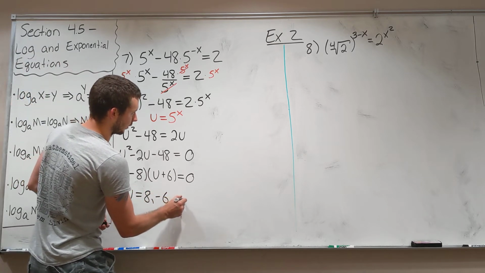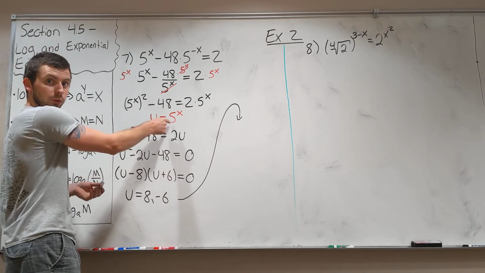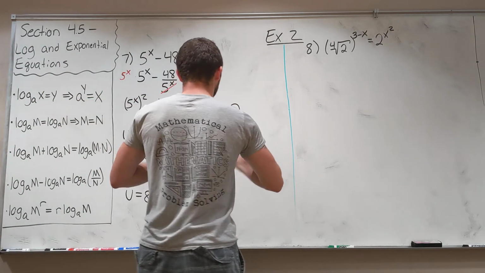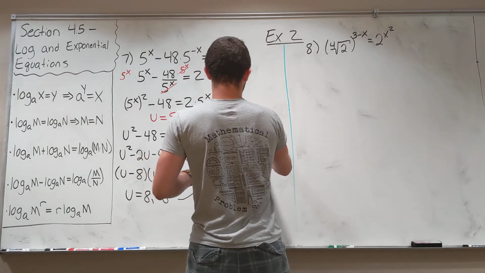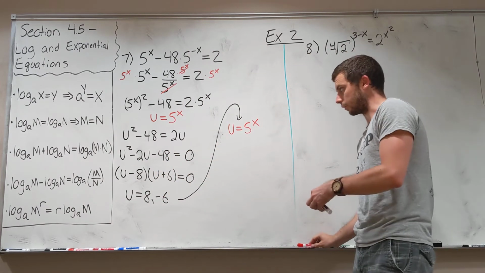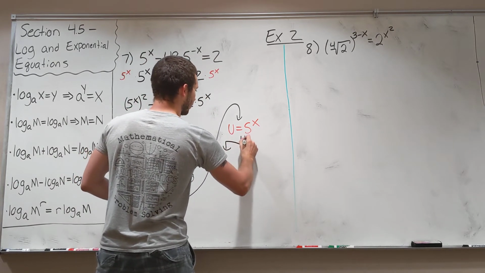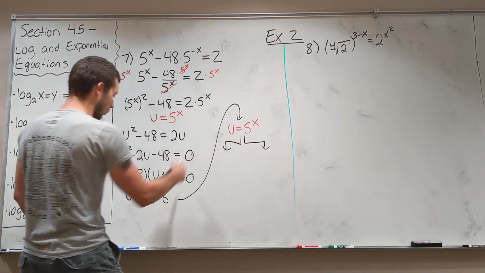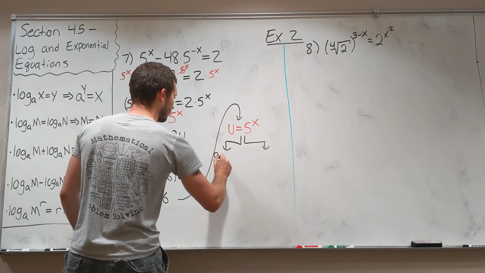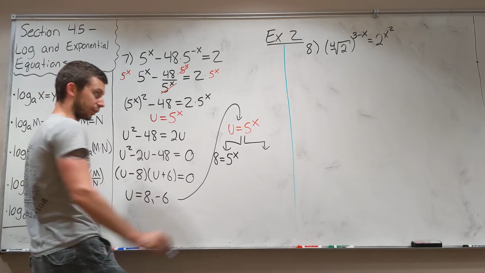So if we remind ourselves of the rule being u is equal to 5 raised to the x, then we have two different situations. And these regard to each u value that we found. So u is 8 in one situation, and u is negative 6 in another.